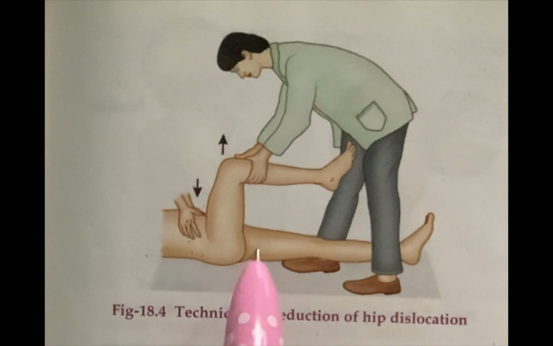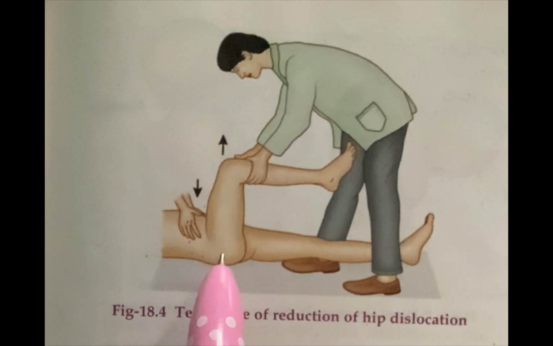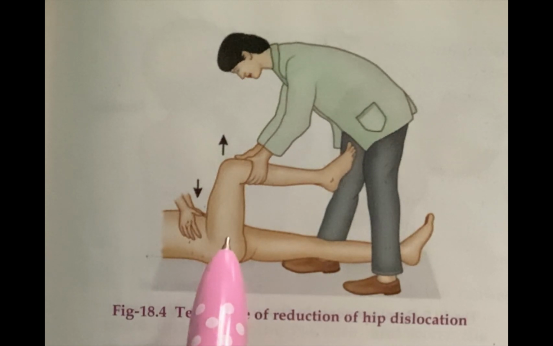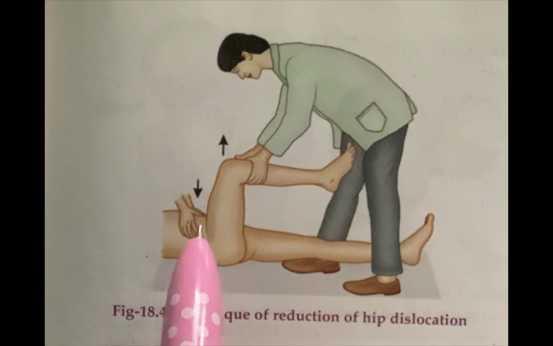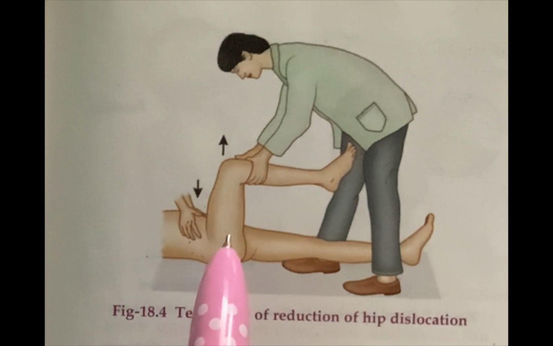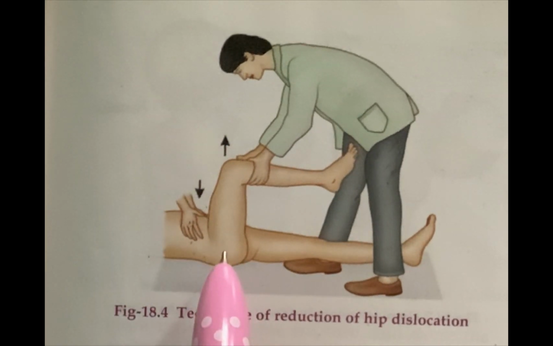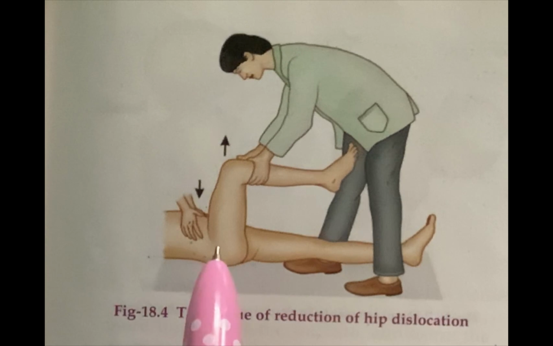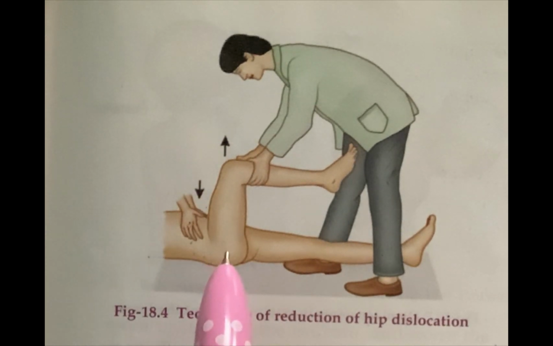Once the sound of reduction, the clunk sound, is heard, it is known that the hip has been reduced into its place, and it is possible to move the hip in all directions and the stability is assessed. Then the hip should be kept in light traction with the hip abducted for 3 weeks, and then hip mobilization exercises can be initiated.